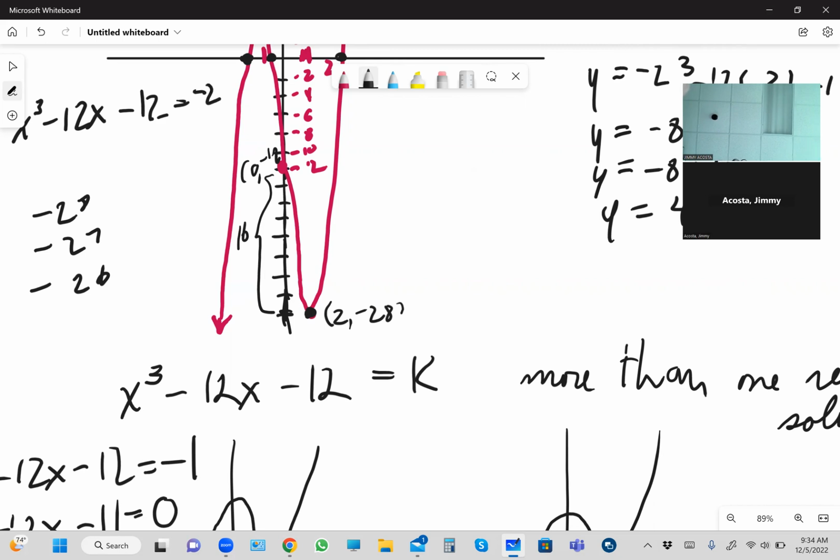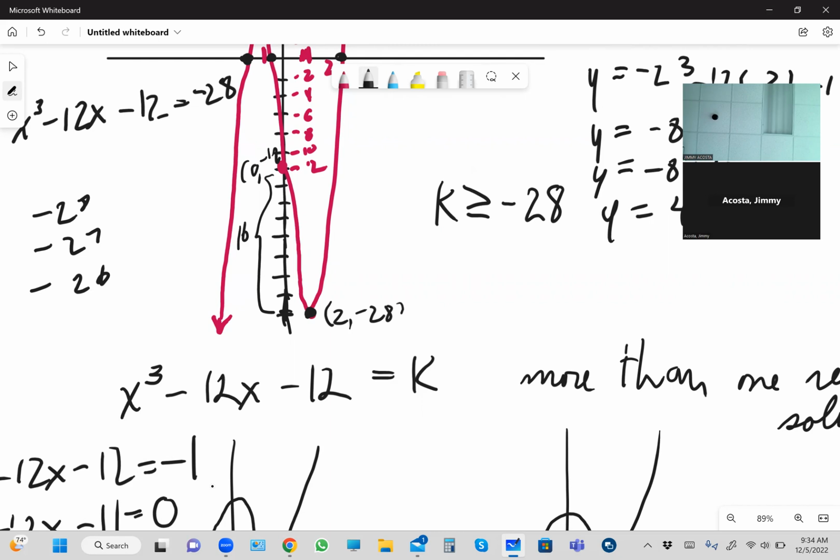If I put negative 28 here, do you see when I add it over? You see? That's important. But that means k must be what? Greater than or equal to negative 28. Because you can pick negative 28. You can pick negative 27. You can pick negative 26. You can pick 0. You can pick 1.